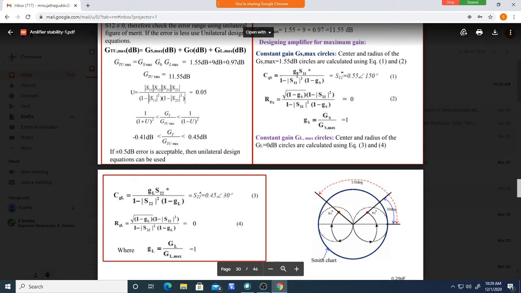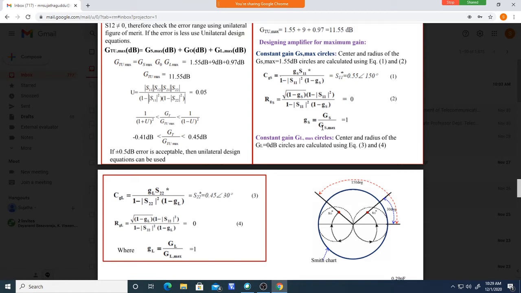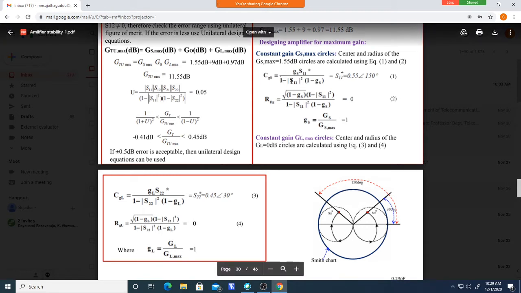What is this GS? This GS is GS divided by GS maximum. So in this problem, we should calculate it to draw the input and output gain circles.